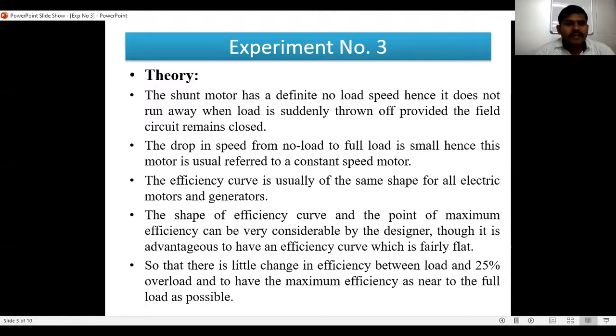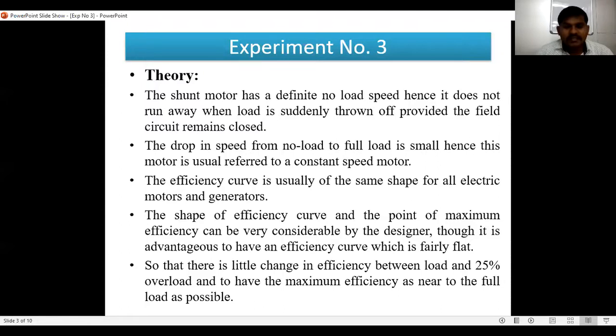It is advantageous to have an efficiency curve which is fairly flat, that means the efficiency curve should be fairly flat in shape, so that there is little change in efficiency between full load and 25% overload.